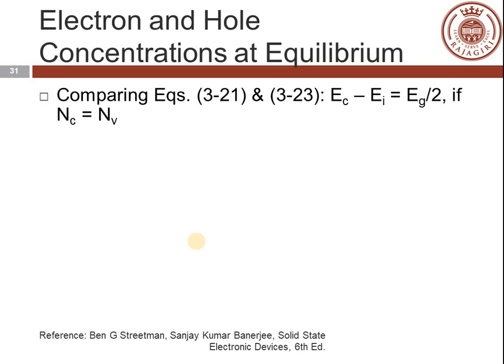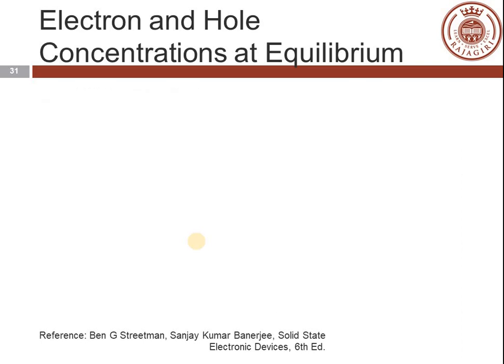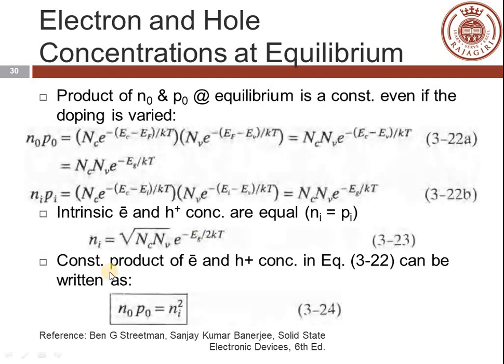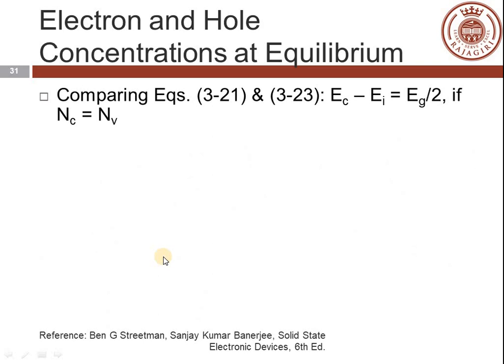So you compare those two. From those two sets of equations, you can write Ec minus Ei equal to Eg divided by 2 if Nc is equal to Nv. That is, in this expression, substitute Nc equal to Nv. Then you can write Ec minus Ei equal to Eg divided by 2.